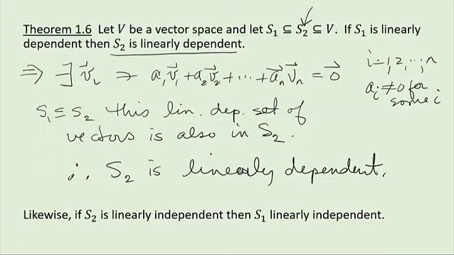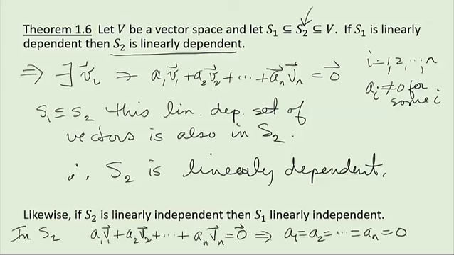Likewise, if S2 is linearly independent, then S1 is linearly independent. In S2, for any finite subset of vectors v1 through vn, a linear combination of them equal to the zero vector is trivial: a1 through an must be 0.